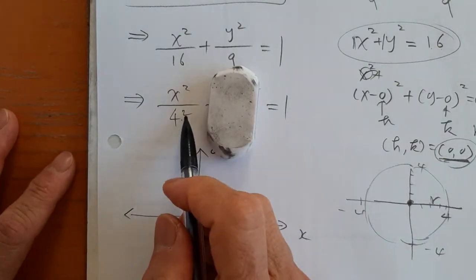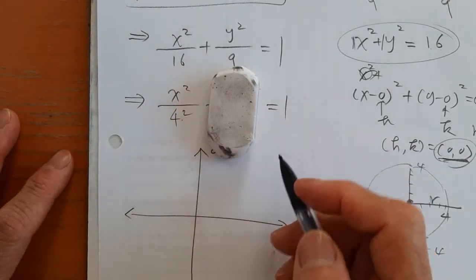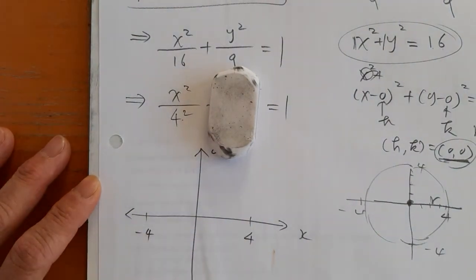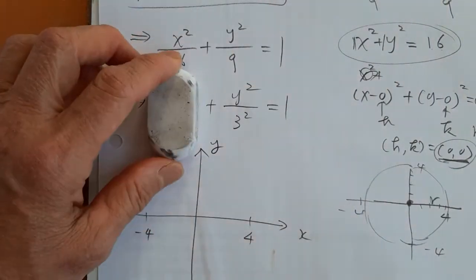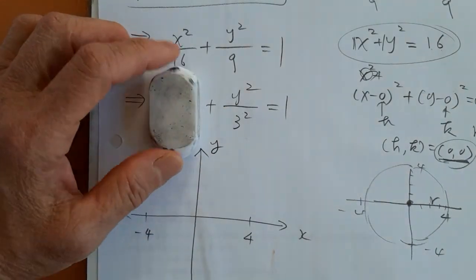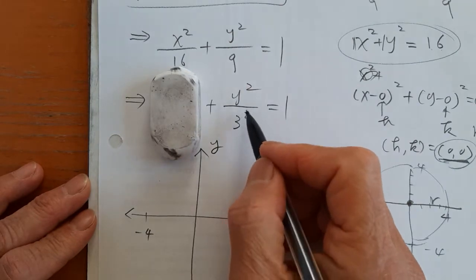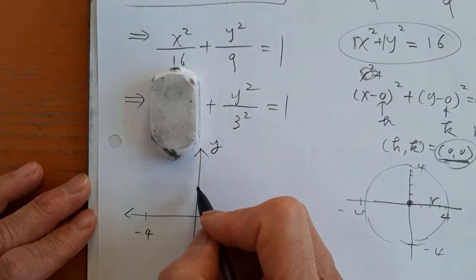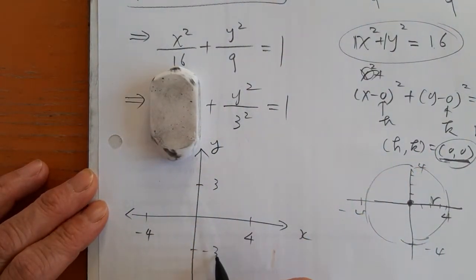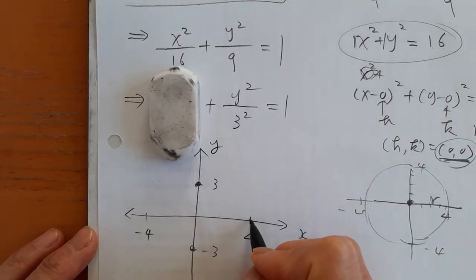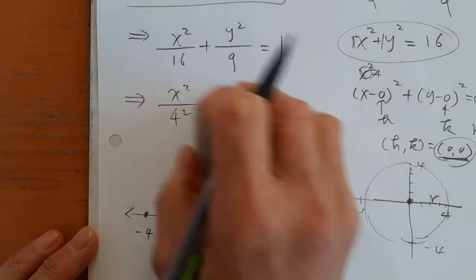X squared over 4 squared equal 1, then x should be positive 4 and negative 4. That's the x-intercept. And if x equals 0, you get y squared over 3 squared equal 1, so y should be positive 3 and negative 3. That's the y-intercept.